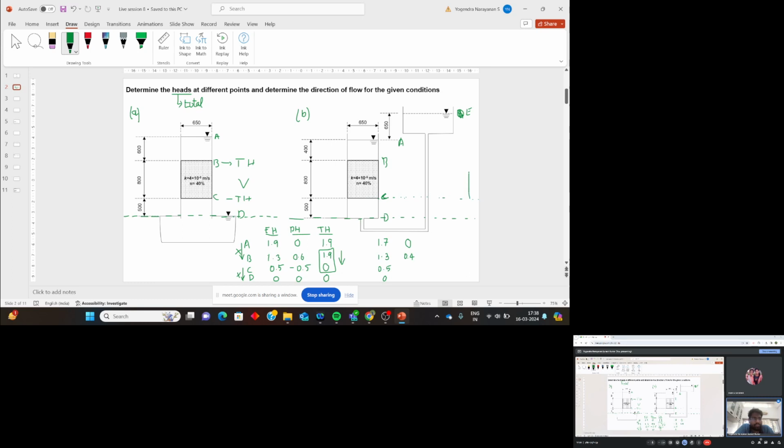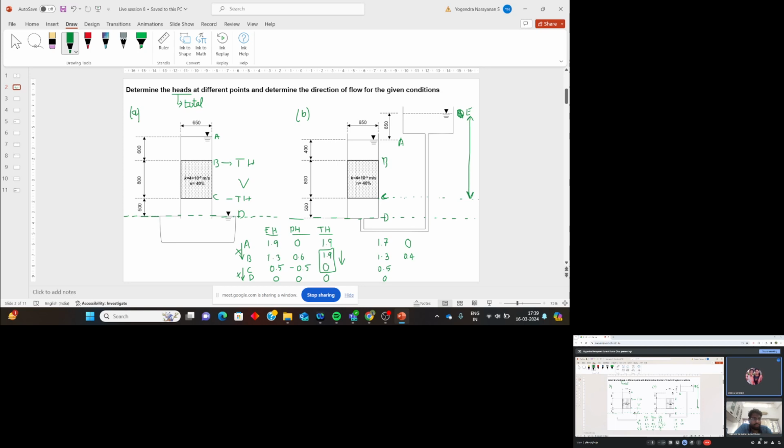So the remaining height will be this much. What will be the height here? Why, sir? Cancel. See, earlier what we did here, it will be negative and here it is rising. So if you keep here, it will tend to increase towards the atmospheric pressure, which is this part. So the extra pressure will be this part.